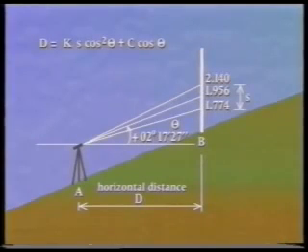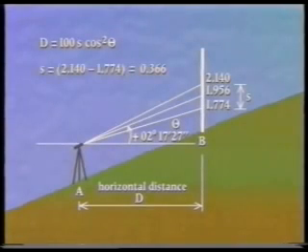S is the staff intercept and is equal to the difference between the top and bottom hair readings. So, substituting 100 for K and 0 for C gives D equals 100 S cos squared theta. And in this case, S equals 2.140 minus 1.774, which equals 0.366 meters.